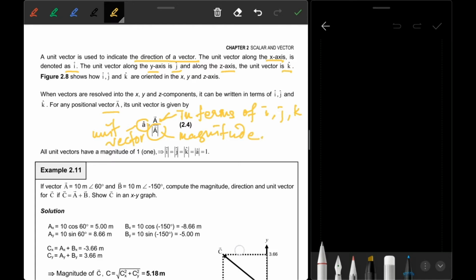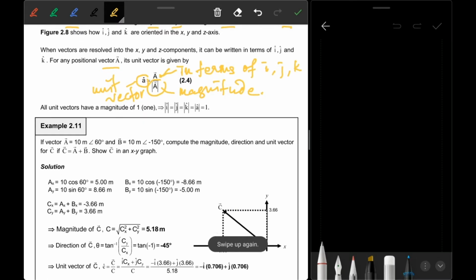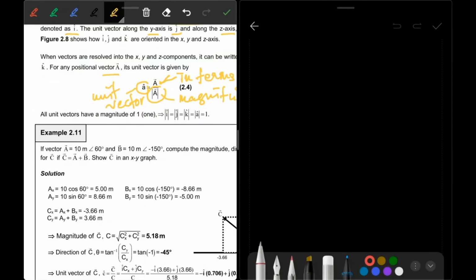Now let us see how we are going to find the unit vector. Look at example 2.11.